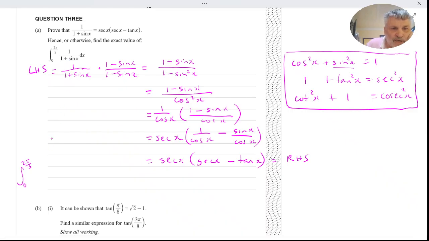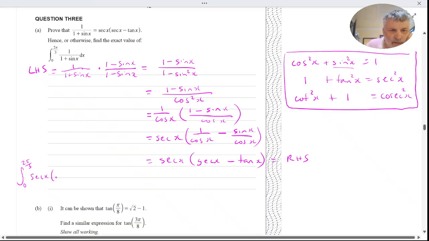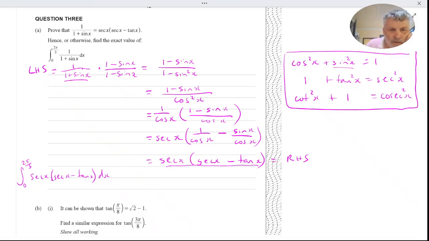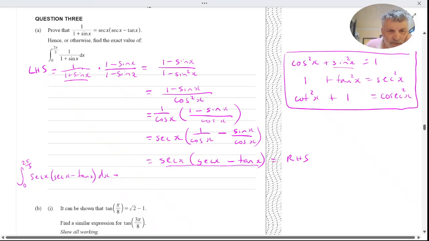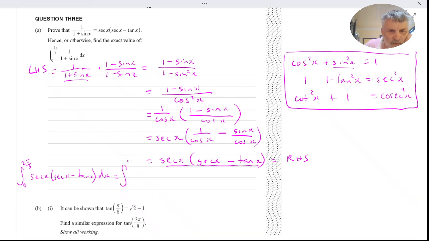So this integral is going to be the same as the integral of sec x (sec x minus tan x), because we've just shown that this thing here is the same as this here. I can replace the integrand with what we've just shown, and it says hence do this, so that helps. So that's going to be the same as, just rewrite this a little.